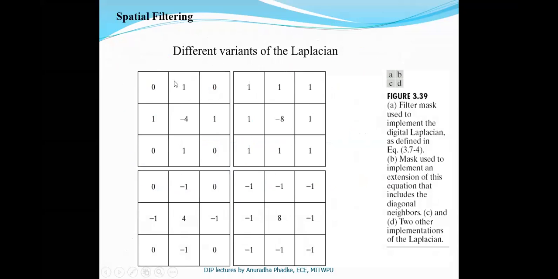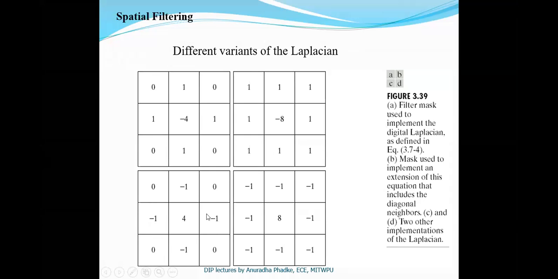If you look at the very first mask, it considers horizontal and vertical directions. The central coefficient is negative and it is surrounded by +1. As in the case of derivatives we are considering differences, instead of this we can also use a mask where the central coefficient is positive and it is surrounded by -1, -1, -1, -1.